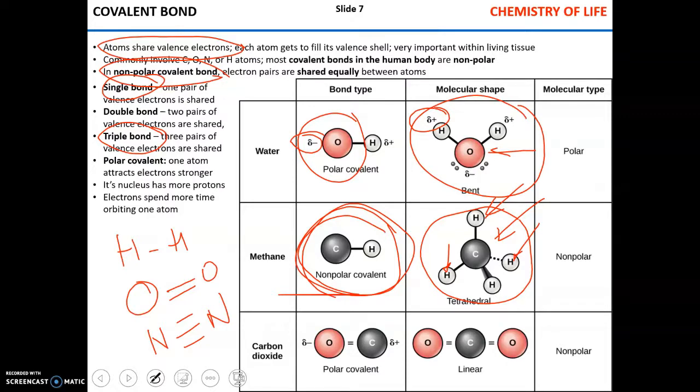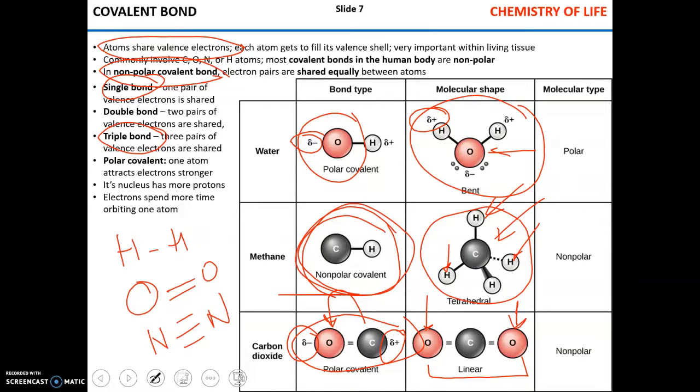But another example is carbon dioxide. Oxygen, having more protons than carbon in its nucleus, shifts the electrons to itself, gaining partially negative charge and leaving carbon with partially positive charge. Now, if you look at the molecule that is somewhat similar, carbon dioxide, in this case, there is no shift in electrons to oxygen or to carbon, because oxygens on both sides counterbalance each other.